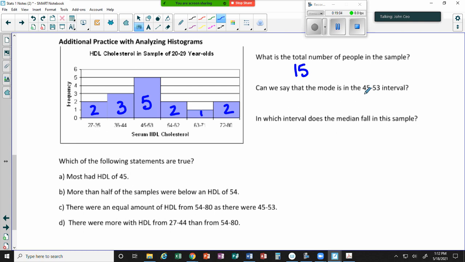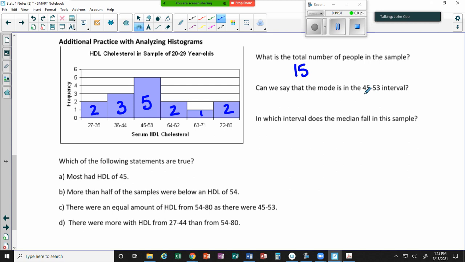This is an interval, so you could have 1 at 45, 1 at 46, 1 at 47, 1 at 48, 1 at 49. But then in the 35 to 44, all three of them could be 40, and that would be the mode. So you cannot necessarily say that the mode is in that interval because we don't know. That interval is too large to be able to say that, right?